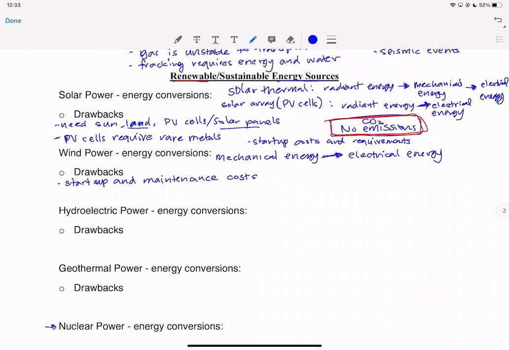Those fan blades are way up there, usually hundreds of feet or several stories, like 10 stories high, 100 feet. And that's significant. So there's startup, there's maintenance, there's requirements.